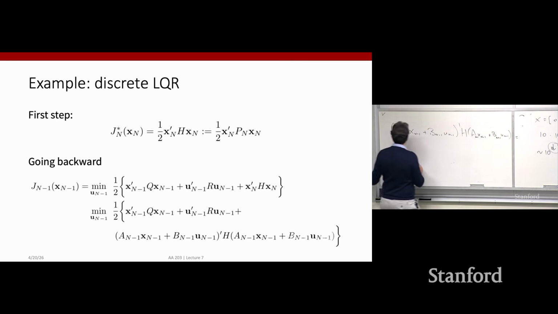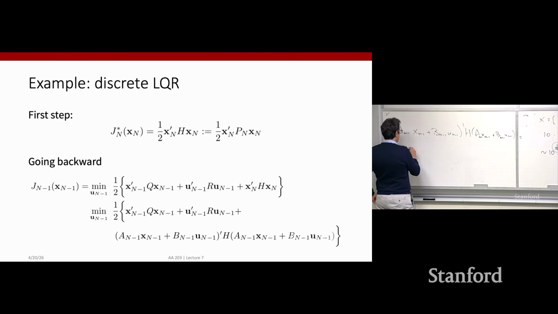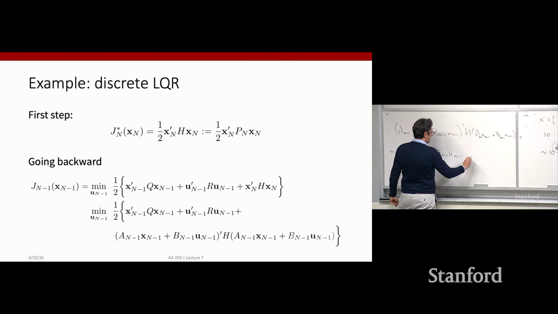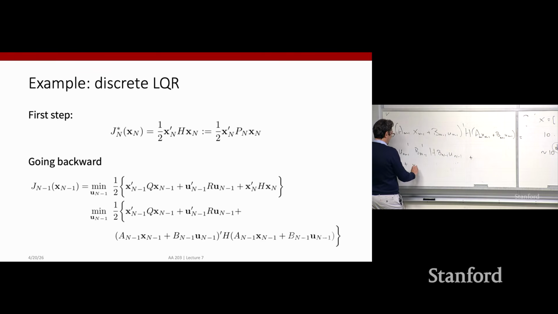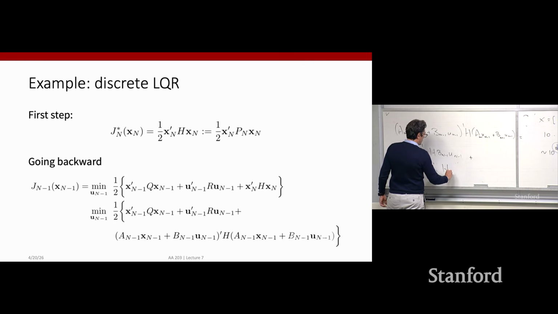So this is equal to, well, we have the quadratic in u n-1, so we have u n-1 transpose b n-1 transpose H b n-1 u n-1. So that's the quadratic in u n-1. Then we have the quadratic in x n-1. So this plus x n-1 transpose a n-1 transpose H a n-1 x n-1.